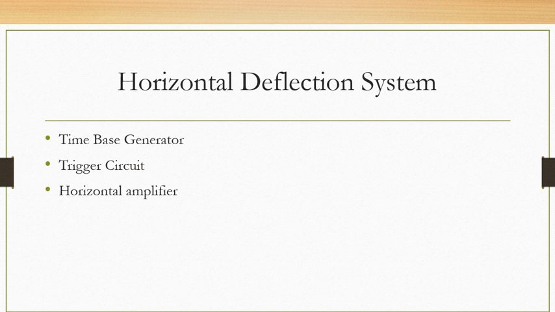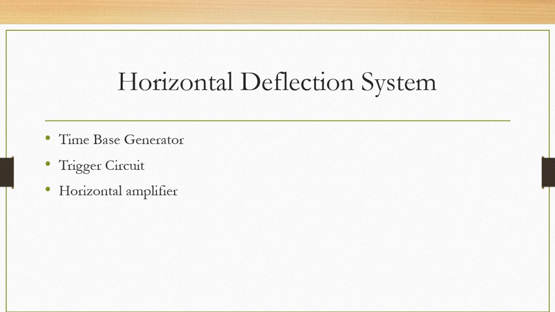Why is the time base generator required? The time base generator is used to generate a sawtooth voltage which will deflect the beam in a horizontal direction. The CRT spot is deflected at a constant time dependent rate, and that is because of this sweep voltage.